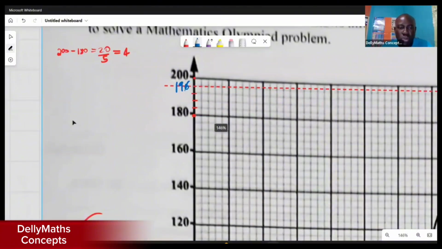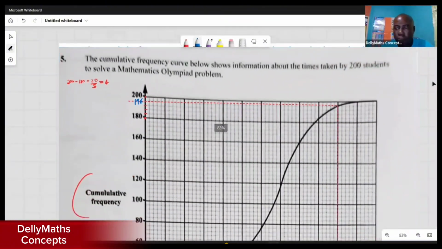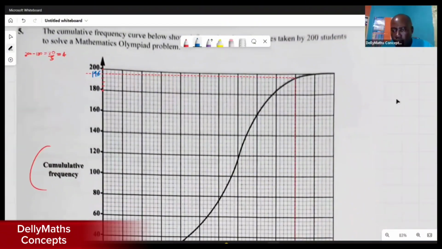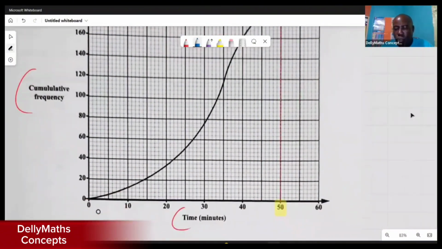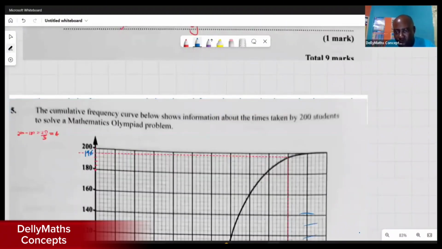But the question says those students who took more than 50 minutes. So you want to interpret the question the right way. More than, so we're talking about the students that go over. Those students that actually go over are the ones between 200 and 196.